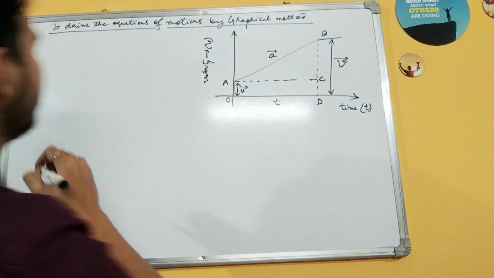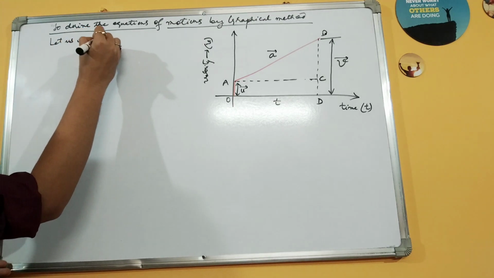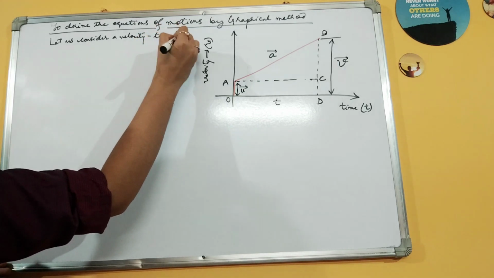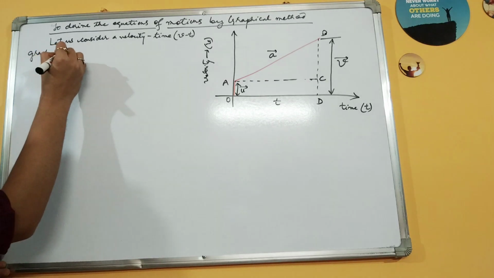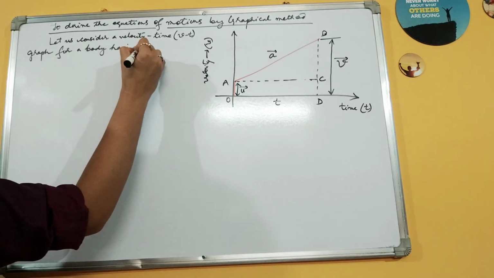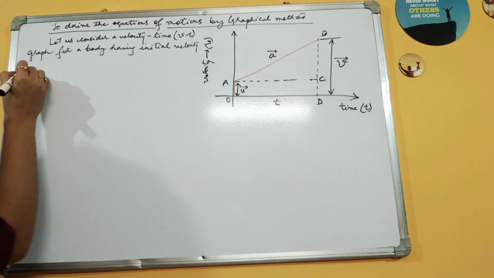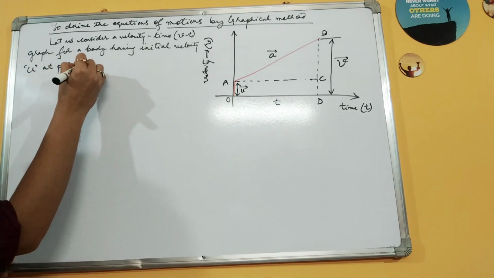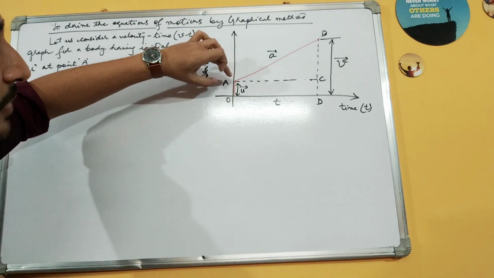Okay. Yes. So let us consider a velocity time, that is a v-t graph, for a body having initial velocity u at point A. Point A में तुम्हारा है, मतलब the body has started with some initial velocity, that is u.